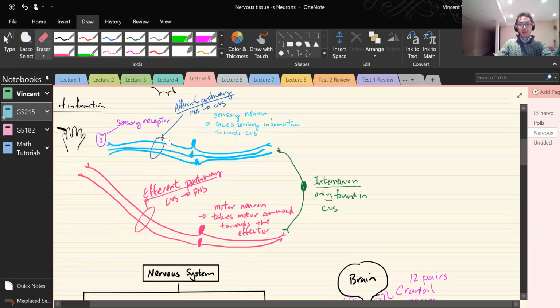Because it's a bundle of axons in the PNS. Okay, I should probably put a division here, right? This is the CNS because that's where the interneuron is, and everything outside of that, that's the PNS. So if you have a bundle of axons, right, that is going to be a nerve.